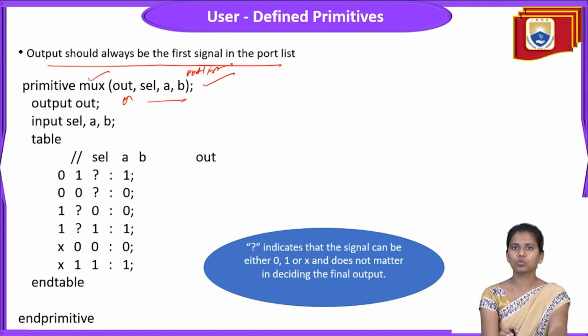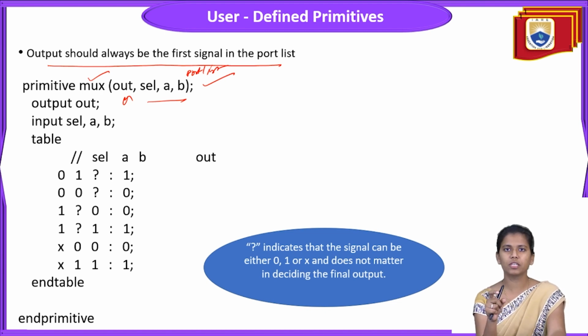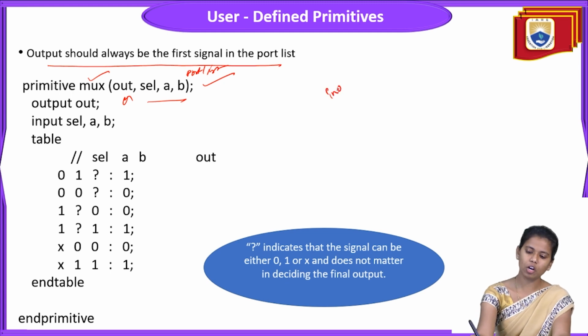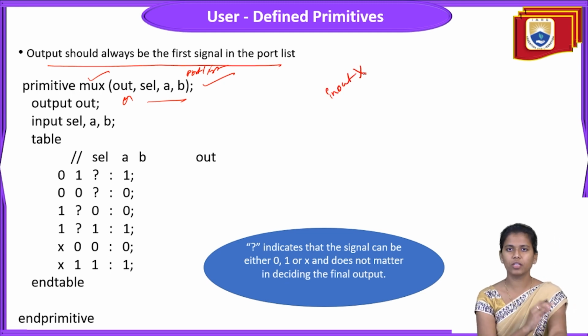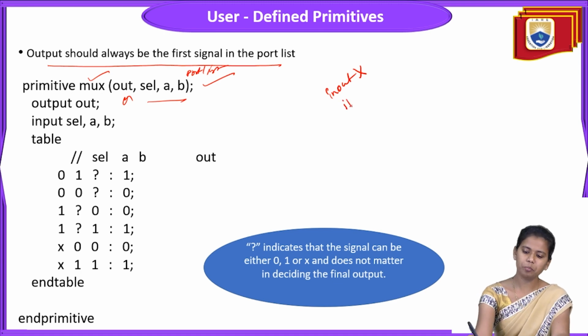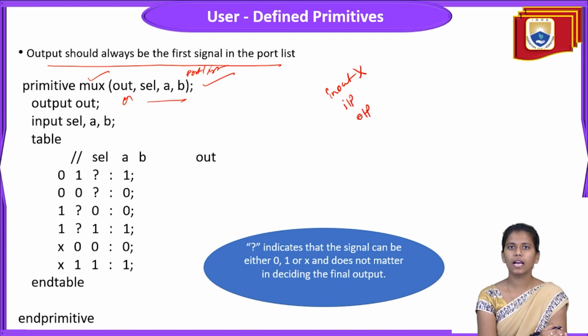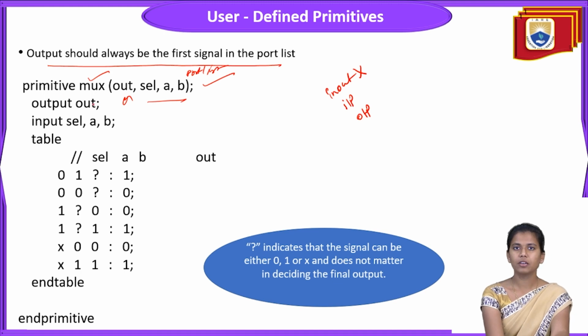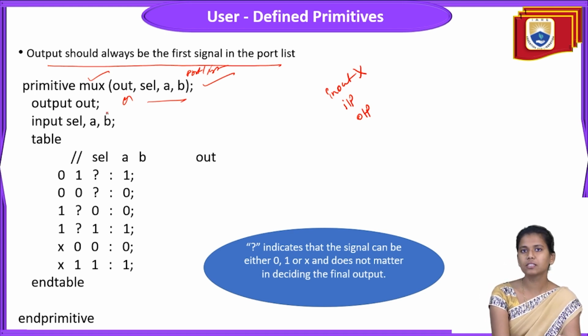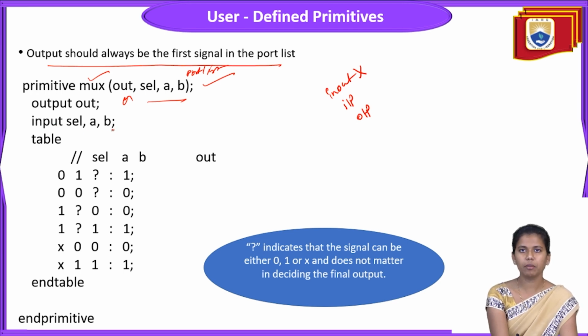This port list consists of the output as well as the input ports. The important thing to remember is that there is no in-out port; there are only inputs and outputs. So primitive, multiplexer, my output, and selection lines A and B are the inputs. Output is observed at out and input is observed at selection A and B. This is the instantiation of the input and output ports.